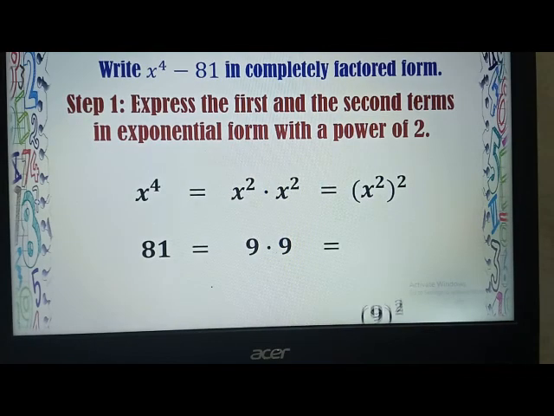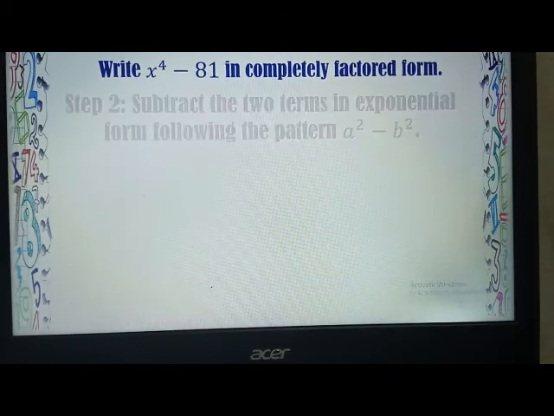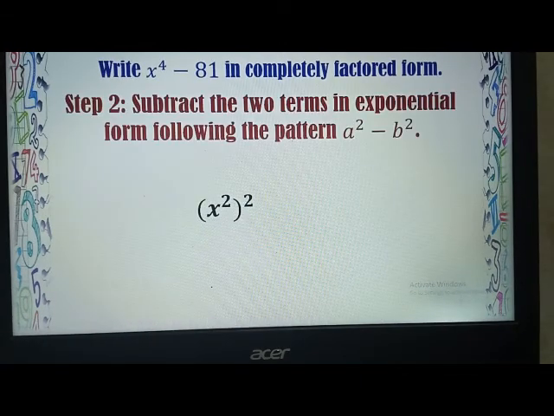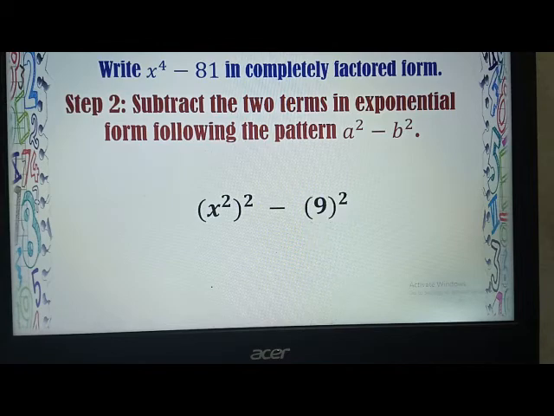For 81, we have 9 times 9, or the square of 9. Step 2. Subtract the two terms in exponential form following the pattern a squared minus b squared. So we have the square of x squared minus the square of 9.